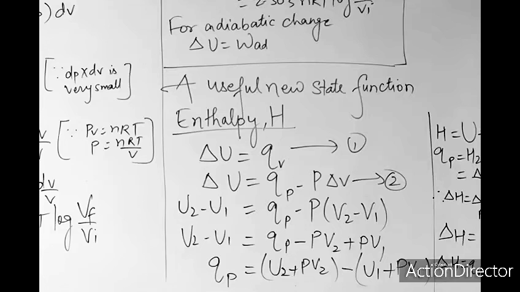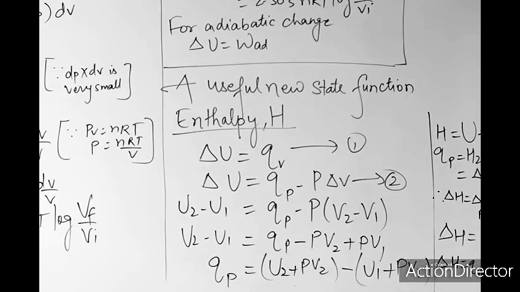As I have already told you, when a system absorbs heat at constant volume, there is a change in internal energy, that is delta U is equal to QV, right?